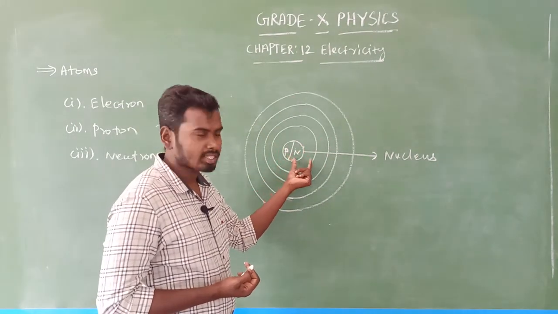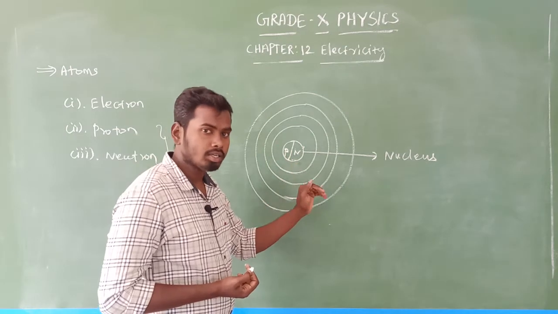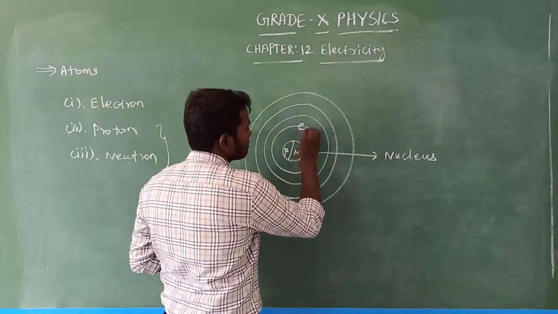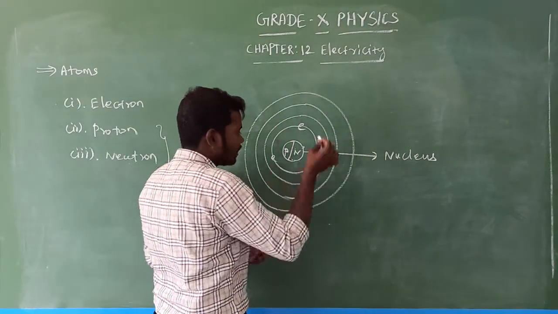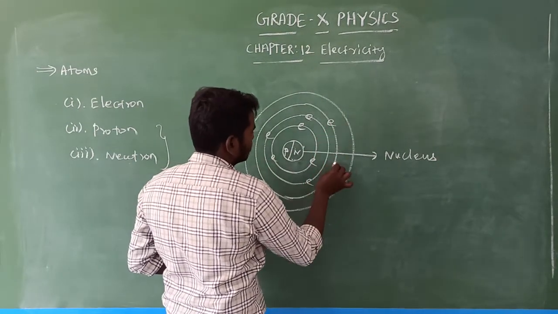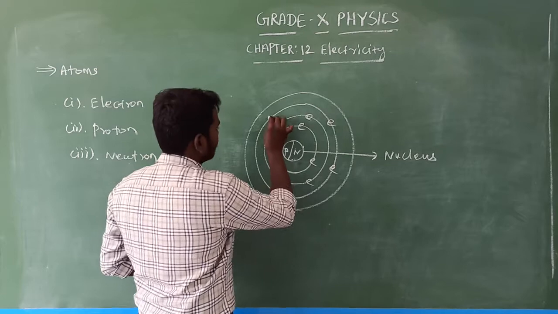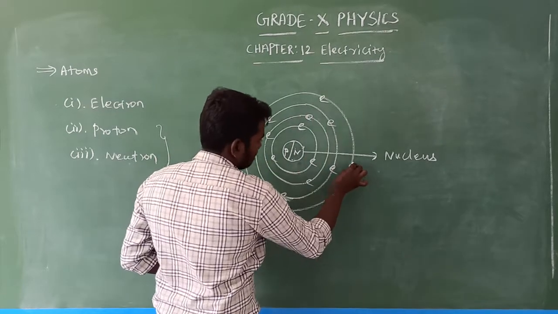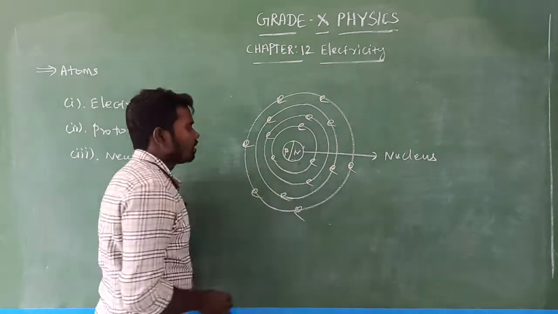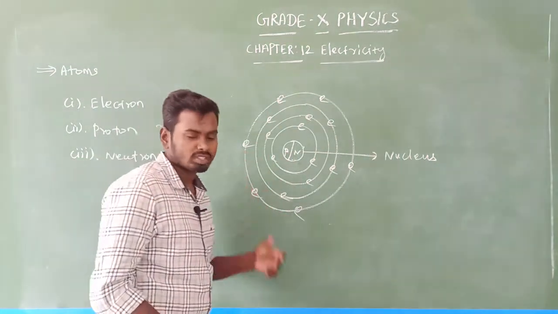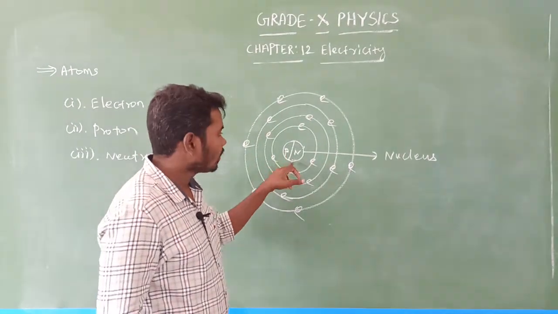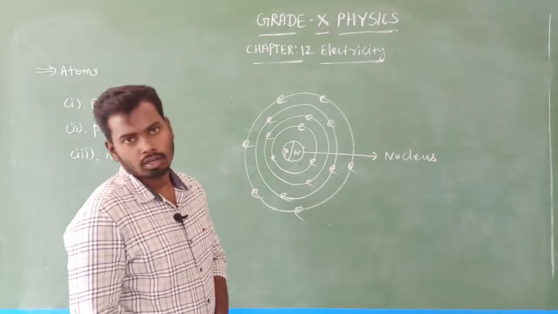So this is the nucleus, with proton and neutron held firmly at it, then the electrons continuously revolve around the nucleus in their orbit like this. These all are electrons. Can you see clearly? The E denotes electron.